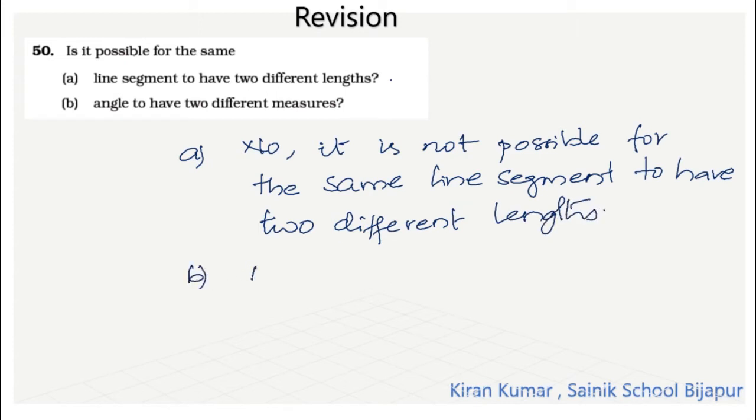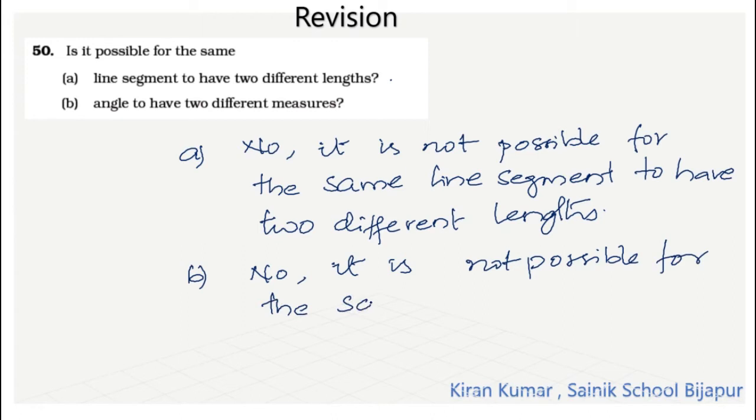For the second, no, it is not possible for the same angle to have two different measures.